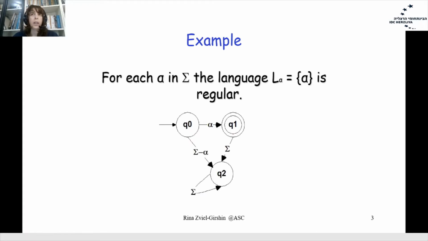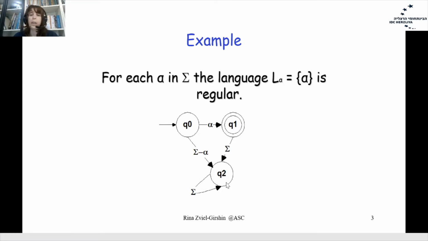So let's see. I will start at the Q0 state, and with letter A, I will move to Q1, an accepting state. From Q0 for the rest of the input letters of the alphabet, which you can write as large sigma minus A, I will move to the state Q2, which is a trap state.